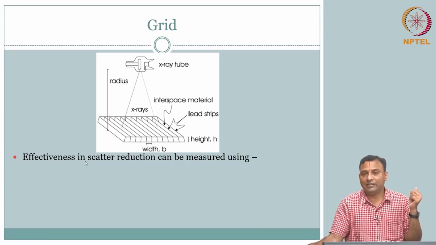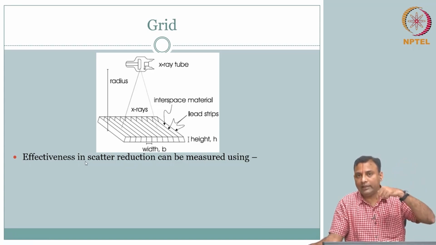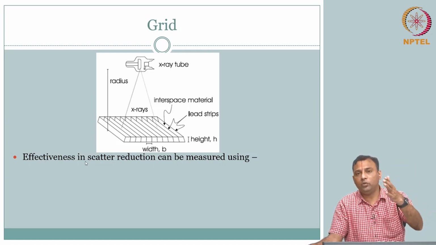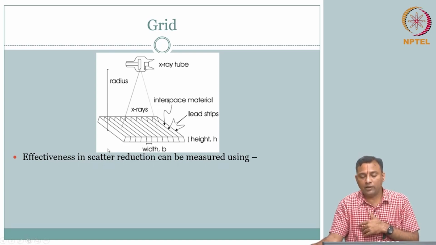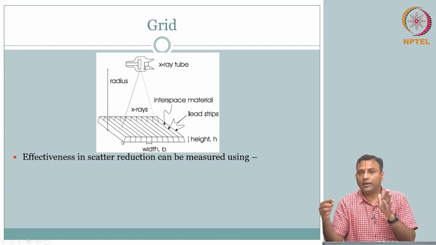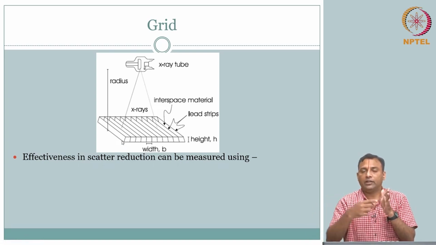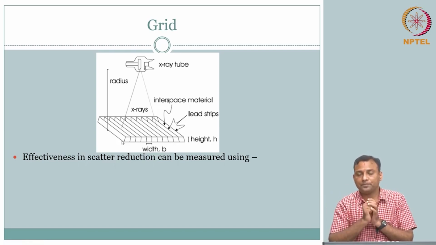How can we measure it? What is the effectiveness? I want only the straight line to come through. I want to obstruct whatever is coming at an angle. So I want the lead to catch the ones coming at an angle, the Compton scattered ones.